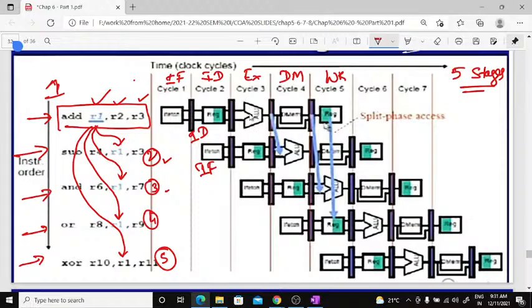The data is read in the second clock cycle, R2 and R3, and here it performs an operation, suppose an addition, R1 equals R2 plus R3. At the same time the second instruction is in the decoding stage.